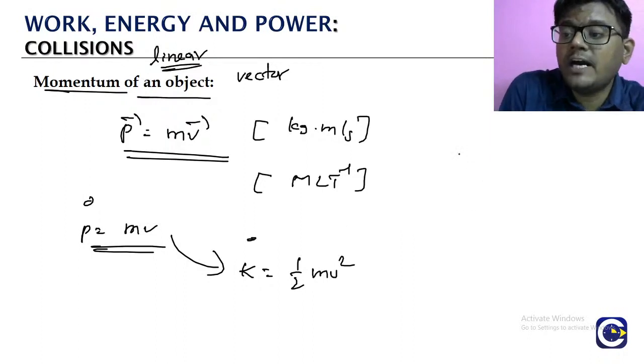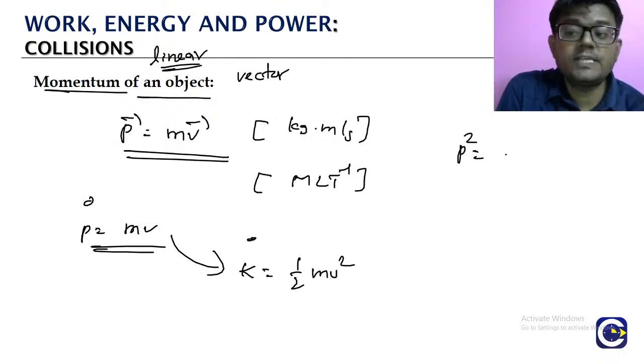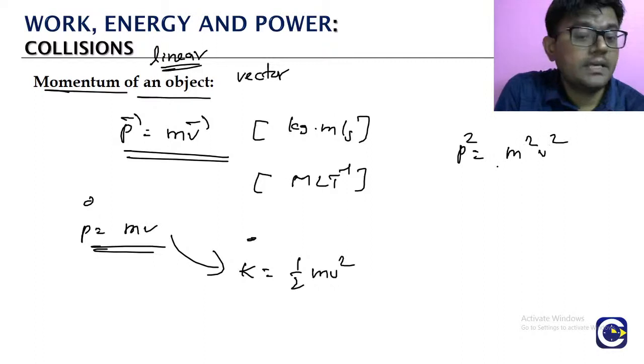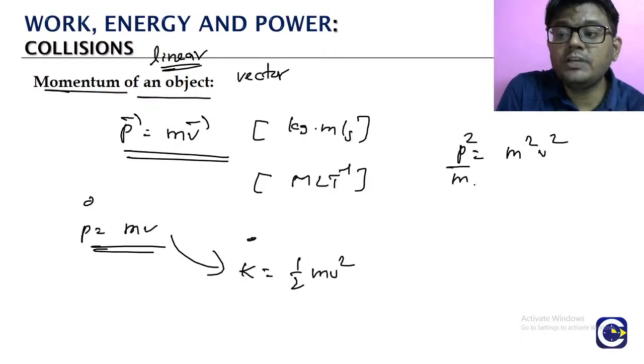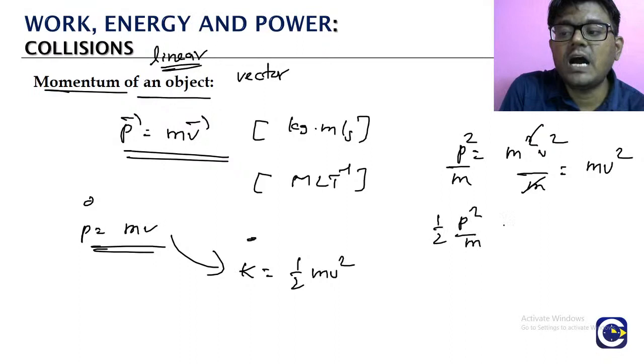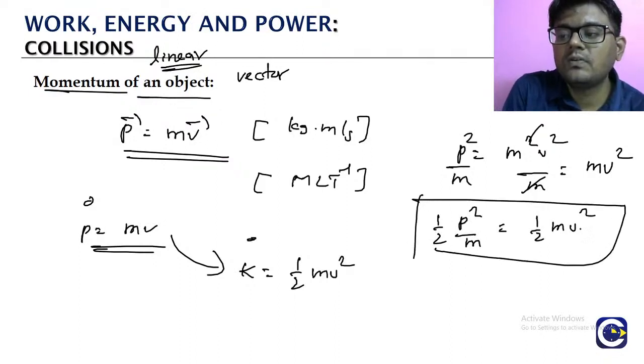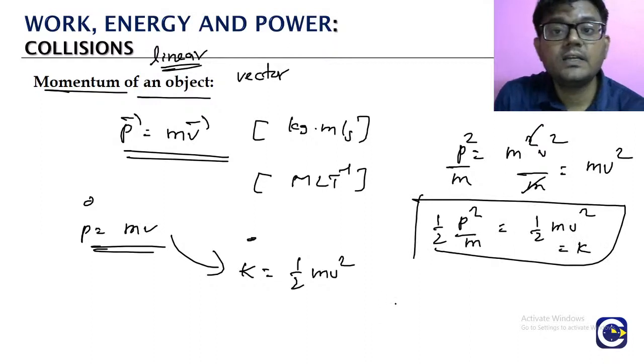Look at how we can relate kinetic energy and linear momentum. What is p square? m square v square. If you divide this by mass, that is m v square. If you multiply both sides by half, what is it? Kinetic energy.